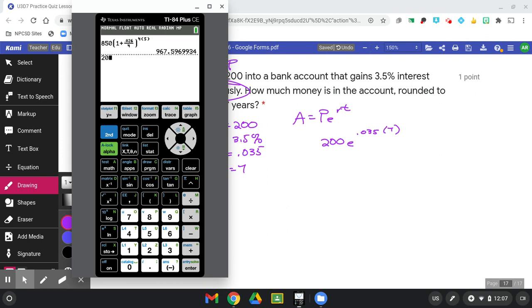So 200, and remember, second division is our e, raised to the 0.035 times 7. And I get $255.52.